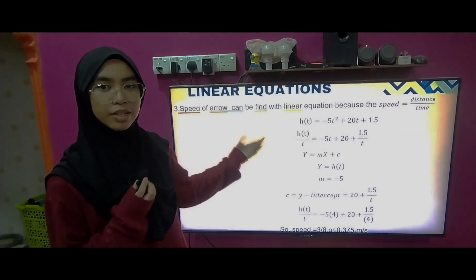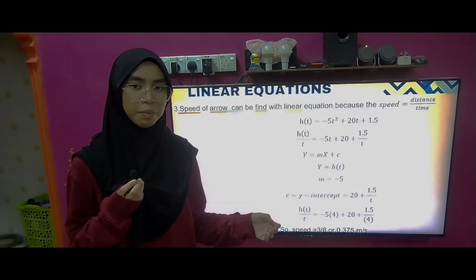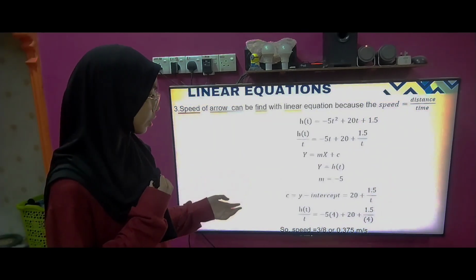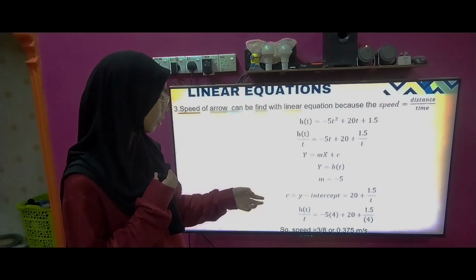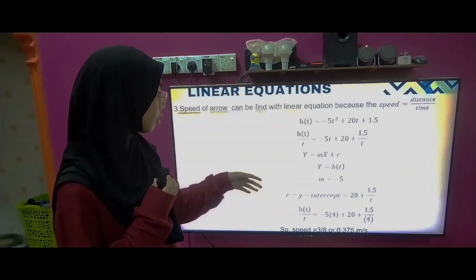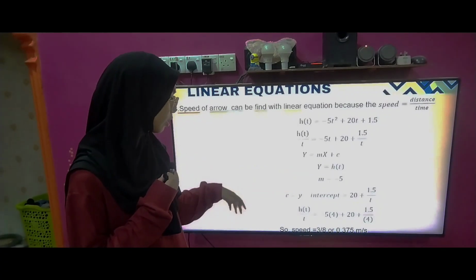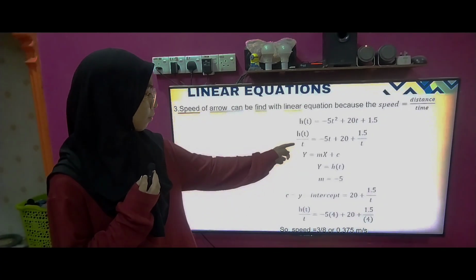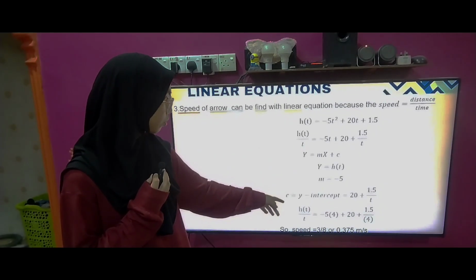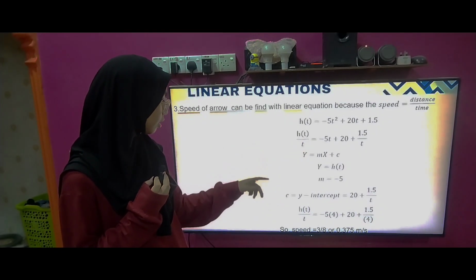So when we write this, we will get the equation in the form of y equals mx plus c, where m is equal to -5, and c, which is the y-intercept, is equal to 20 plus 1.5 divided by t.